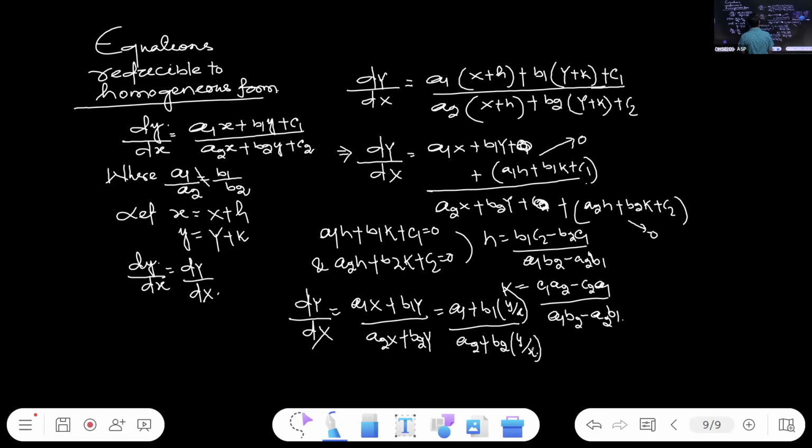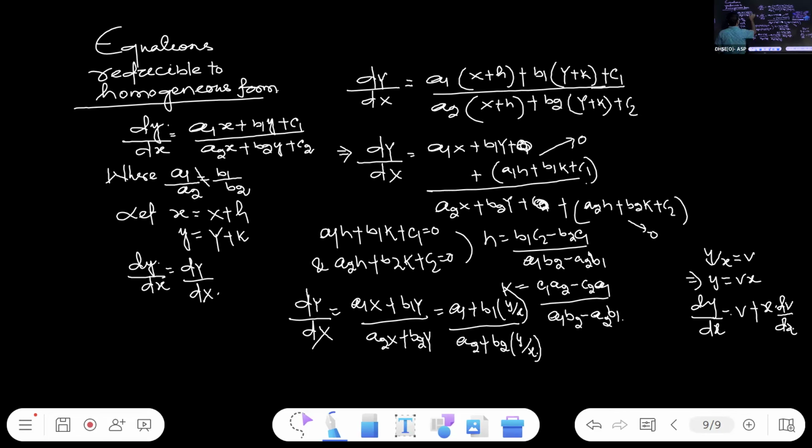Now substitute Y upon X is equal to v, which implies Y is equal to vX. So dY upon dX is equal to v plus X dv upon dX. Then solve. Okay. This is the method how to convert a linear by linear expression into a homogeneous differential equation.